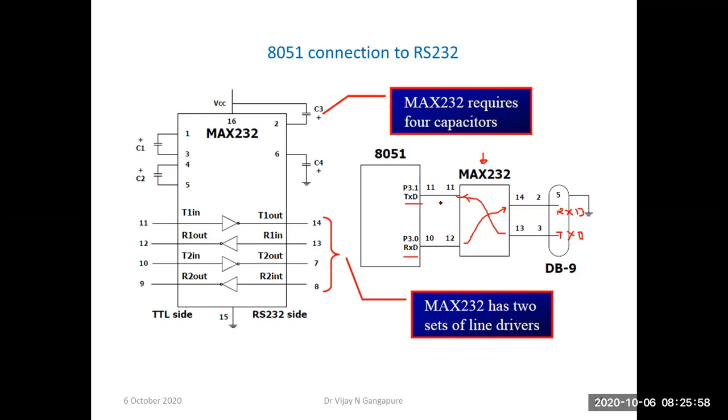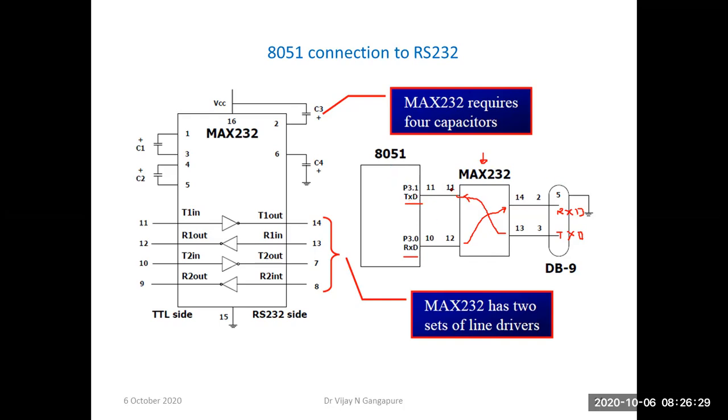It converts the logic levels of data received from 8051 to RS232 logic levels and puts them on pin number 14, and it converts the logic levels of signals received from the RS232 port on pin number 13 to TTL logic levels, and puts them on pin number 11, which is connected to the RXD pin of 8051, and it will be received by 8051.